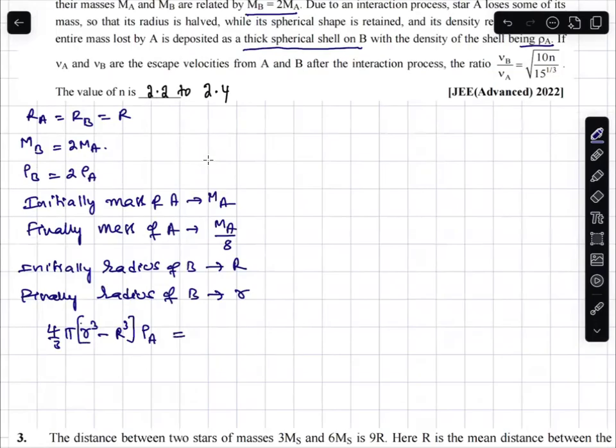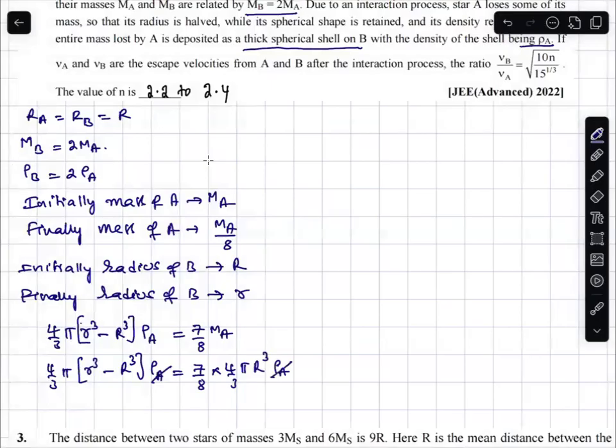And this is equal to 7 by 8 times MA, which means 4 pi by 3 (r cube minus capital R cube) rho A is 7 by 8 times 4 pi by 3 R cube rho A. Rho A cancels. 4 pi by 3, 4 pi by 3 cancel.